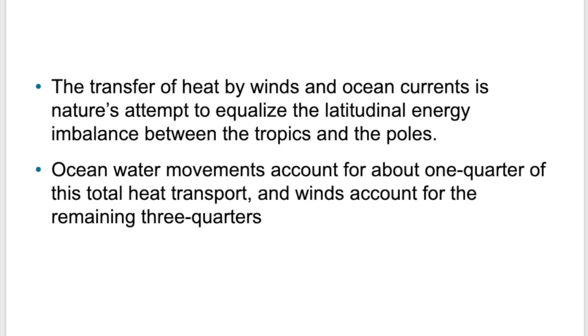The transfer of heat by winds and ocean currents is nature's attempt to equalize the latitudinal energy imbalance between the tropics and the poles. Ocean water movements account for about 1/4 of this total heat transport, and winds account for the remaining 3/4.